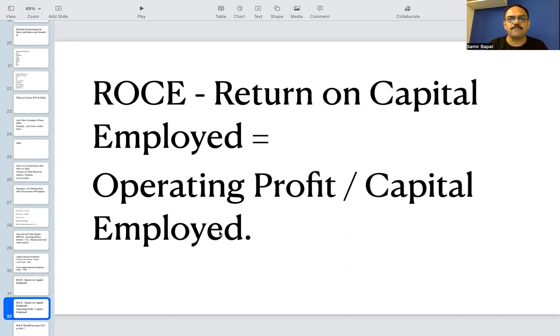So this is the first ratio which you can use to compare between same industry companies. If you want to compare 10 companies and find which is a better company, whichever company has a higher ROC is better, or a lower ROC is better?